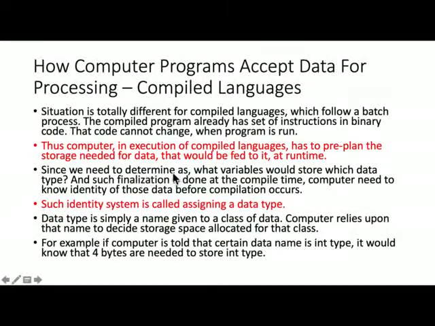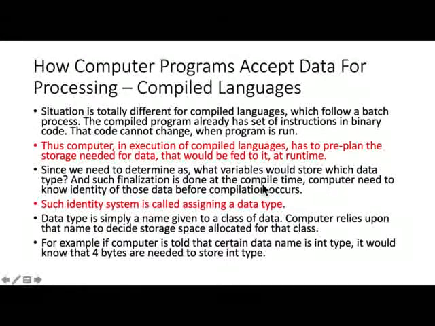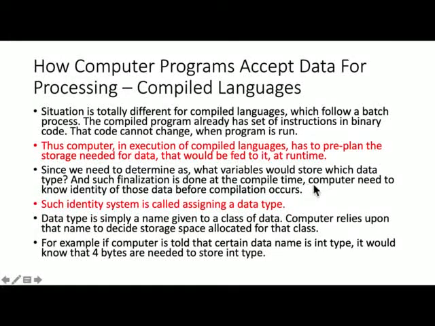Since we need to determine which variable will store which data type, and such finalization is done at compile time, the computer needs to know the identity of those data before the compilation process occurs. Upon compiling, the instructions are compiled into binary code, and the computer just needs to know, if I created a variable called value, what type it is and how much storage space it's going to need. Such an identity system is called assigning a data type.